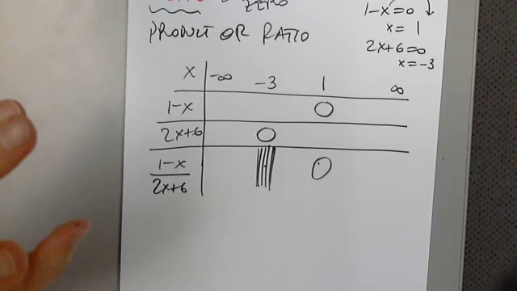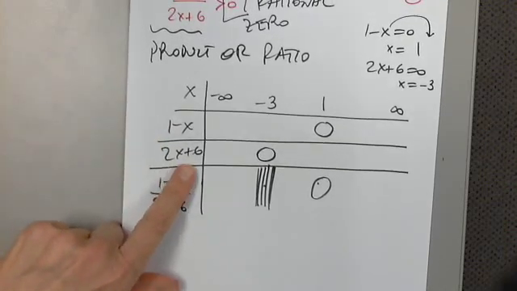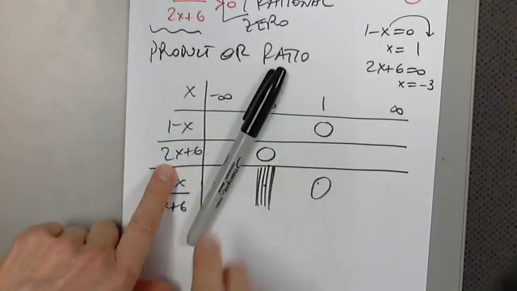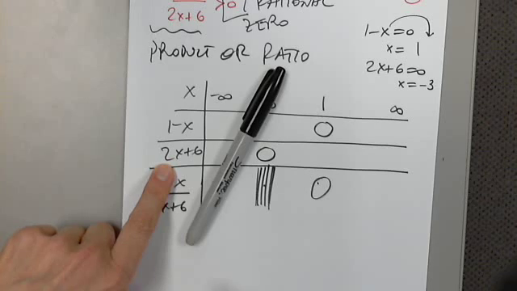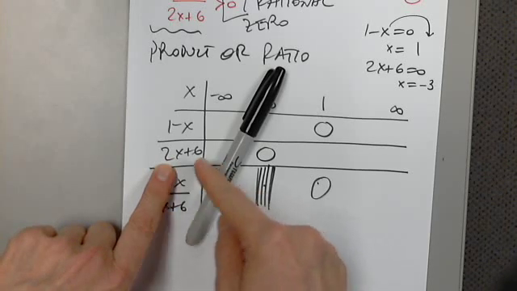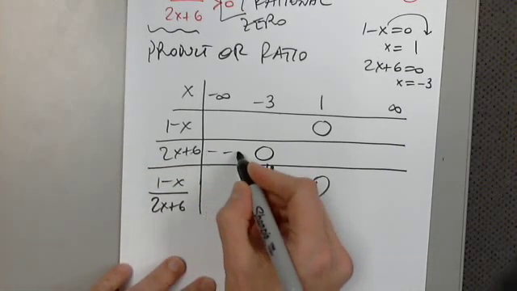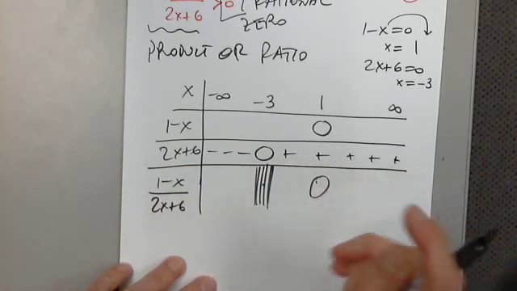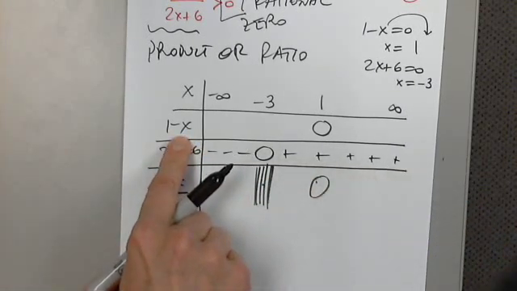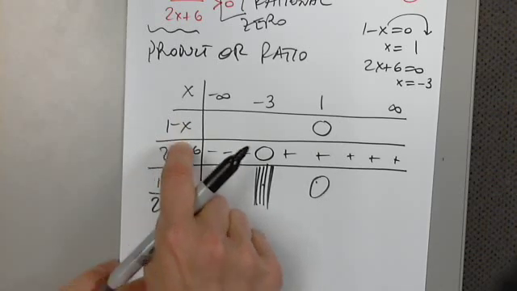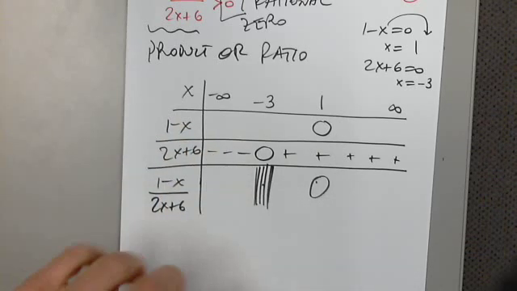Good. Now let's study the sign. Remember, when the leading coefficient is positive, the linear function looks like this. From negative, crosses the x-axis, and positive. But what about this one? This one doesn't have a positive leading coefficient, but it has a negative leading coefficient.